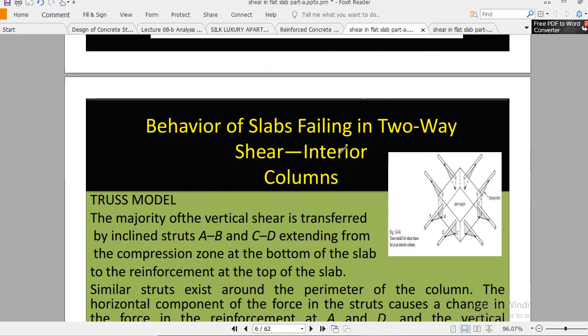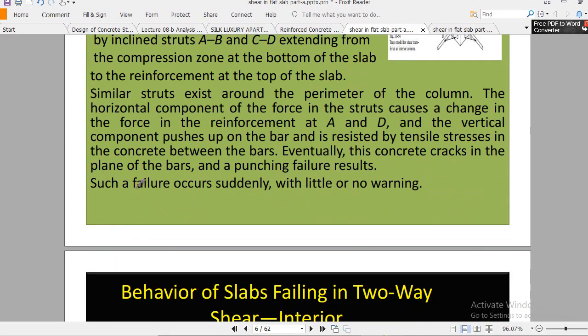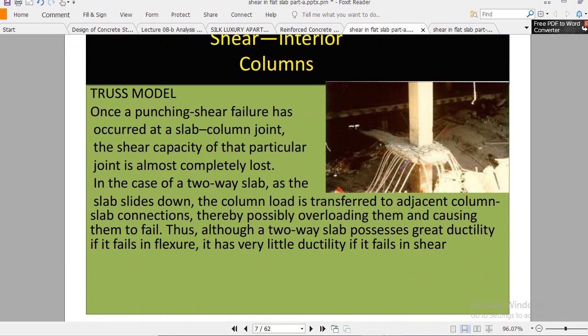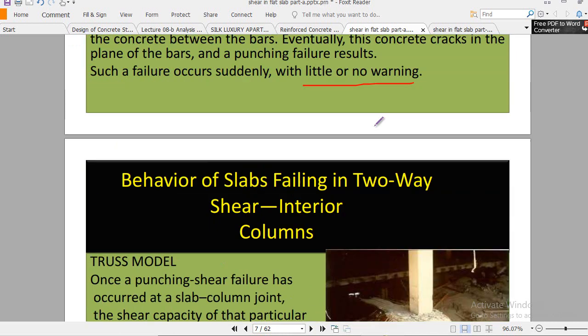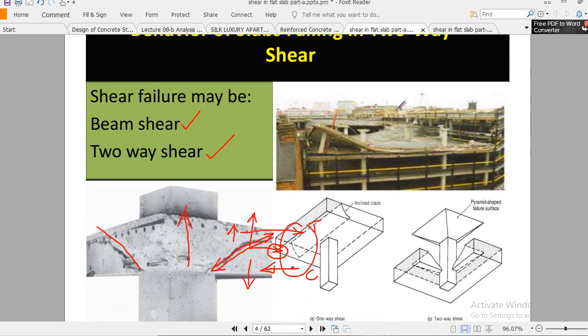So this is the Truss Model, and here you see such failure occurs suddenly with little or no warning. So this is very important, clear? And similarly, when such a failure occurs, remember, whenever a slab fails in flexure, there is a moment redistribution.